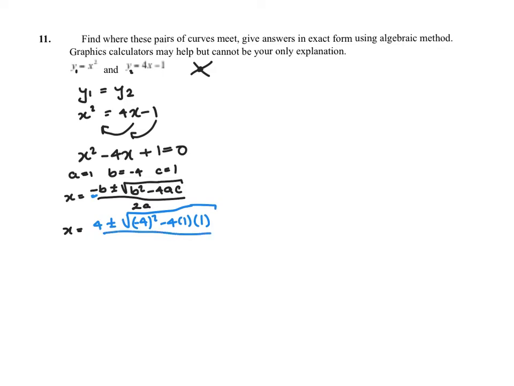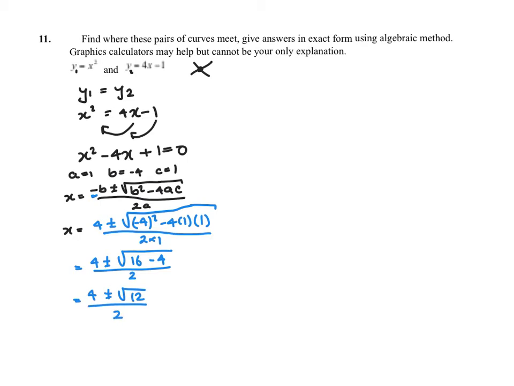And then everything over 2 times a, which is 2 times 1. Equal to 4 plus minus, let's simplify this. Negative 4 to the power of 2 is 16. Take away 4 times 1 times 1, it's 4, and divided by 2. And then this is equal to 4 plus minus square root of 12, divided by 2.